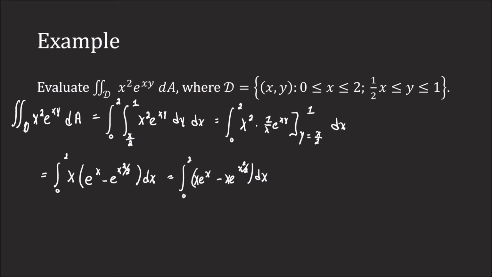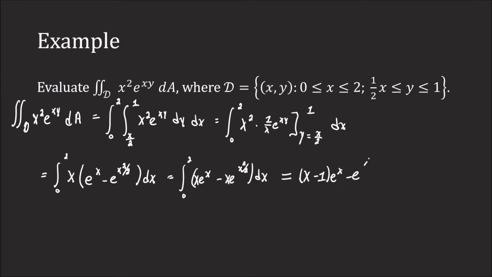Now using an integral formula, the integral of x e to the x is x minus 1 times e to the x. And then we can evaluate the second integral by simple u substitution and get minus e to the x squared over 2.